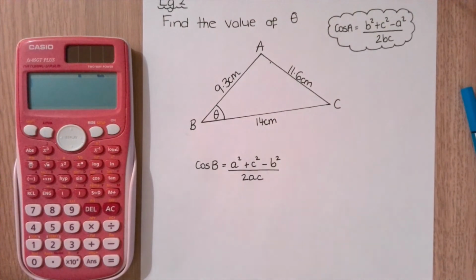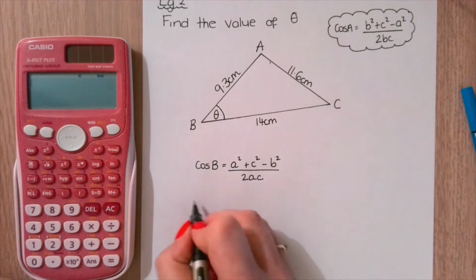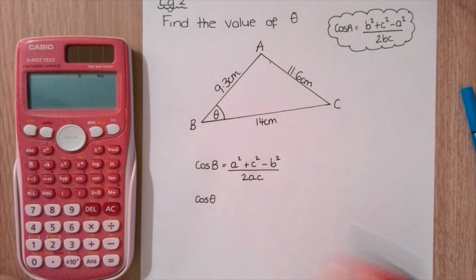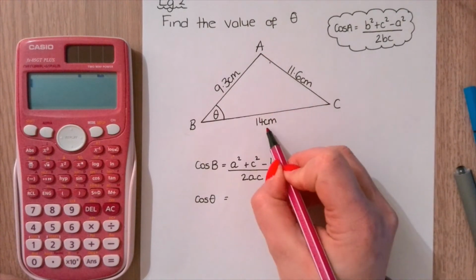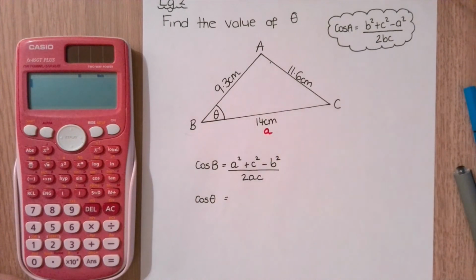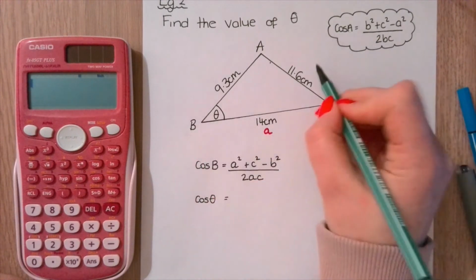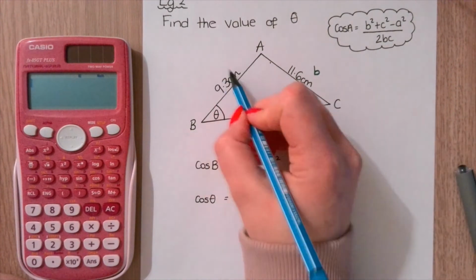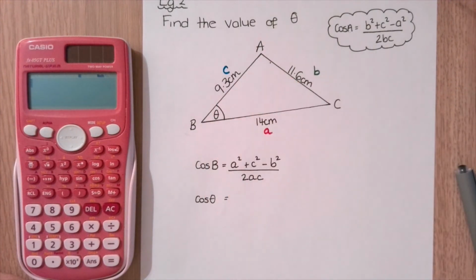Now I can just use this as a formula, so substituting the values that I know. Cos theta is equal to, I haven't labelled my sides just yet, so a, this must be lowercase a, b, this must be lowercase b, and c, this is lowercase c.